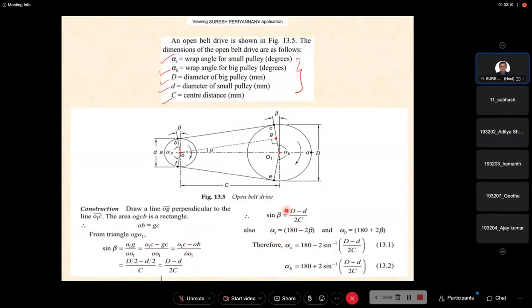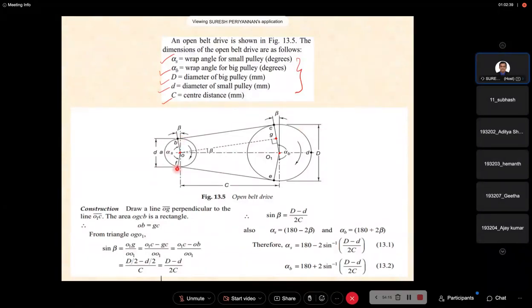As I told you, for the open belt the smaller pulley contact angle alpha s is 180 degrees minus 2 beta, because our starting point of the belt is here. The bigger pulley is 180 plus 2 beta. Simple concept: take a small coin and a bigger coin and connect them with one thread.